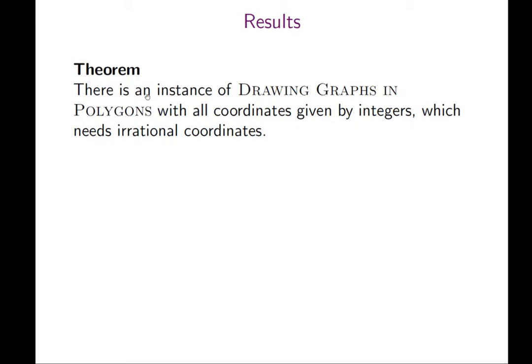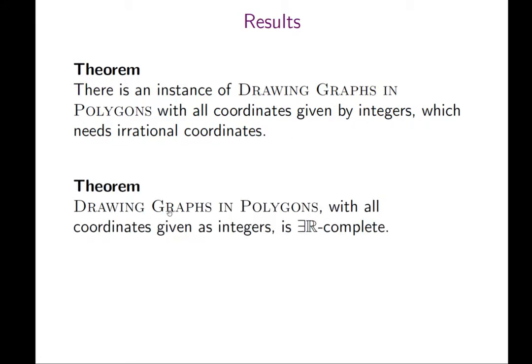So our first result is that actually it might be necessary to use irrational coordinates for drawing the graph, although the input has only integers. So this already shows that the naive way of showing that the problem is in NP cannot work.